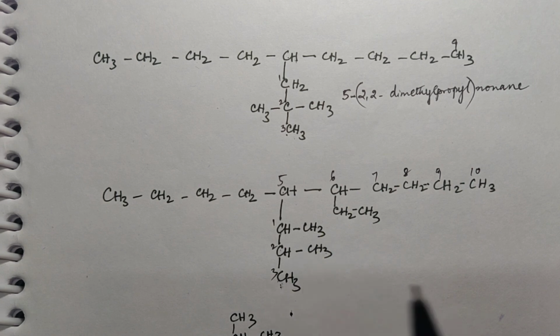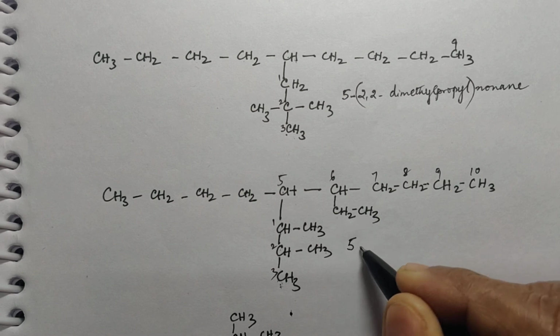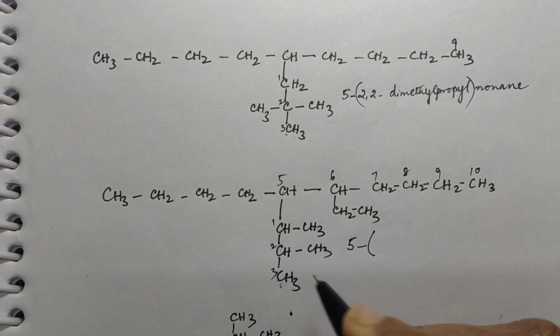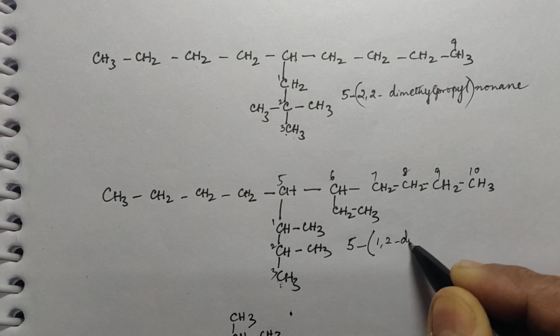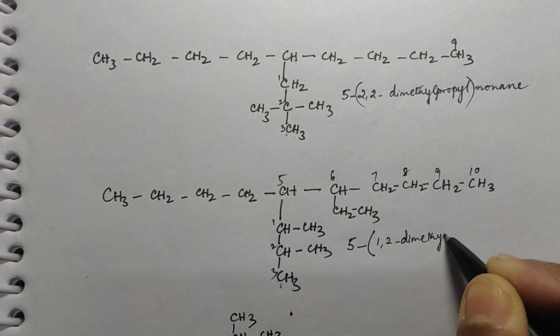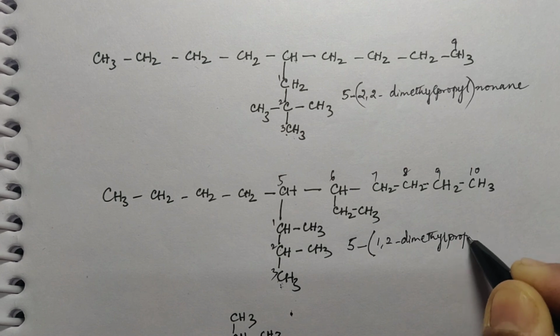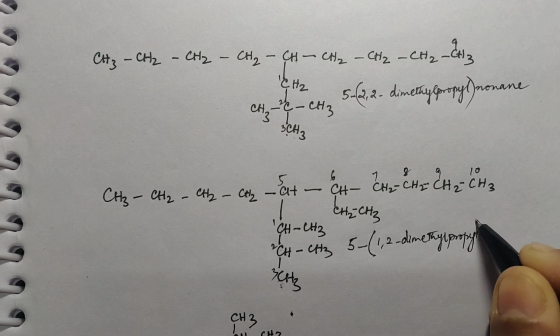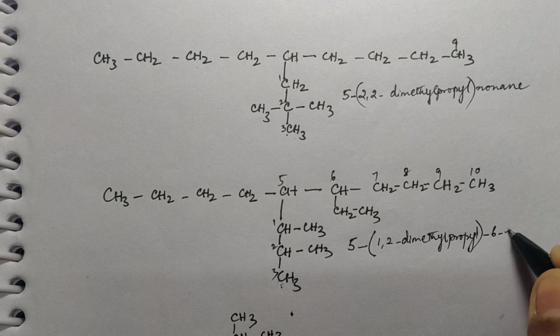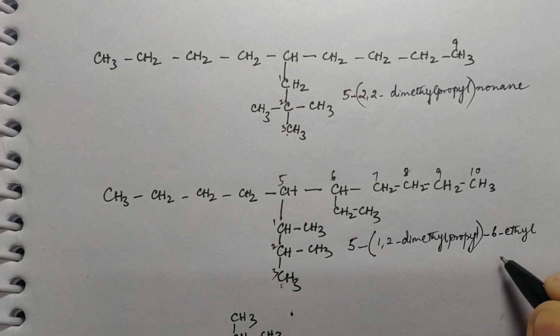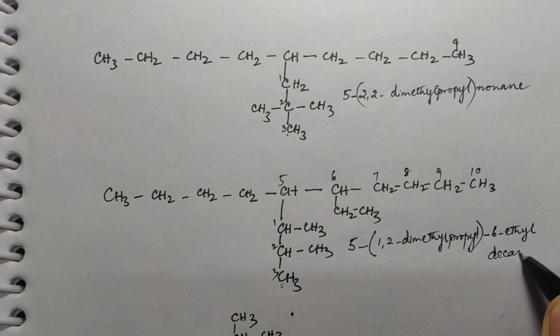Okay, so this will be 5. Then this you have to name it 1,2-dimethyl propyl. Then at the 6th position you are having ethyl, then decane. This is how you will number.